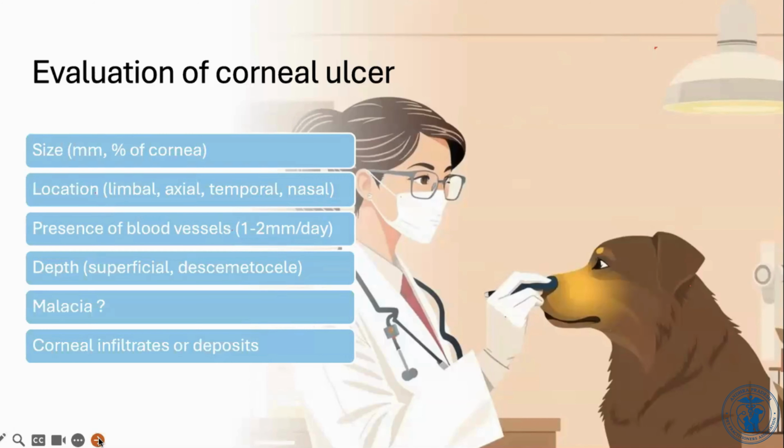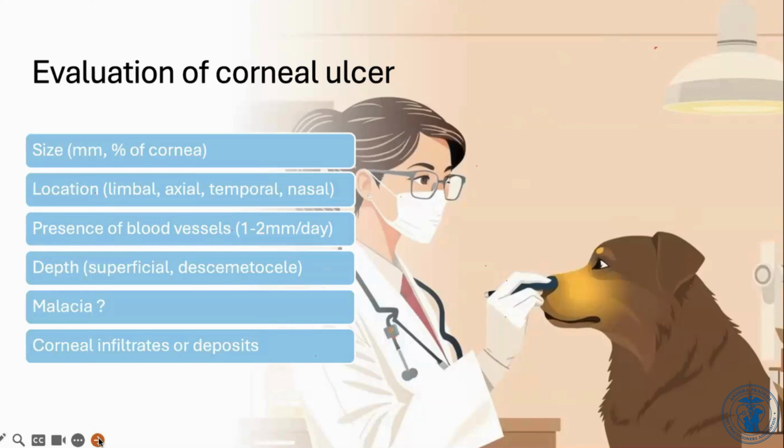Second is location. Whether the ulcer is at the limbal area, or central, or towards the temporal side or nasal side. If my ulcer is towards the limbus, then I won't be that worried, because sooner or later the blood vessels from the conjunctiva will come there and initiate the healing faster.